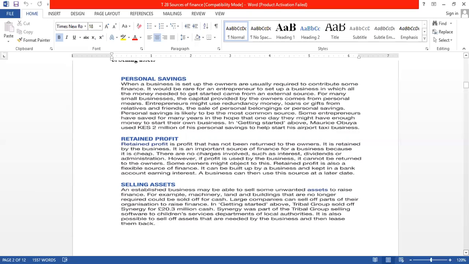For many small businesses, the capital provided by the owners comes from personal means. Entrepreneurs might use redundancy money.